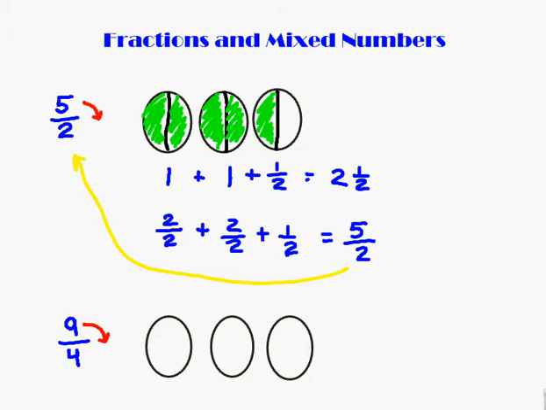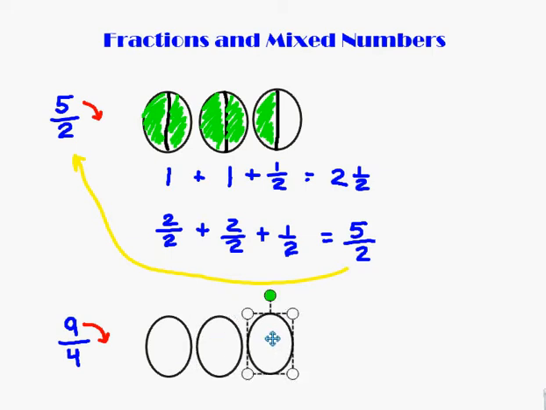All right. And again, let's make sure that our circles are the same size, because when we're doing fractions, we want to make sure that we have equal parts. Okay.